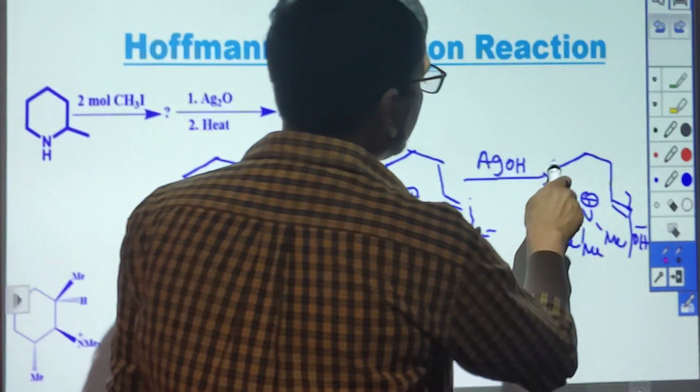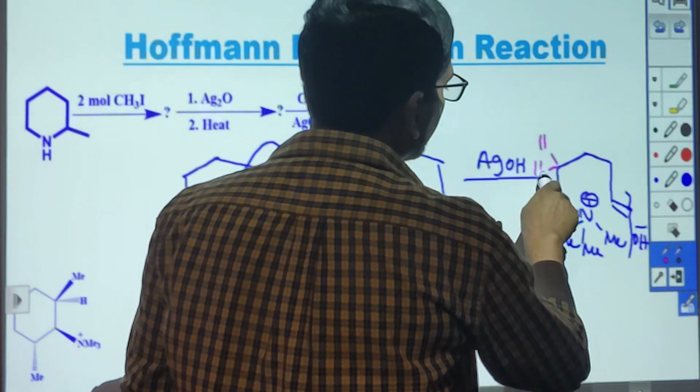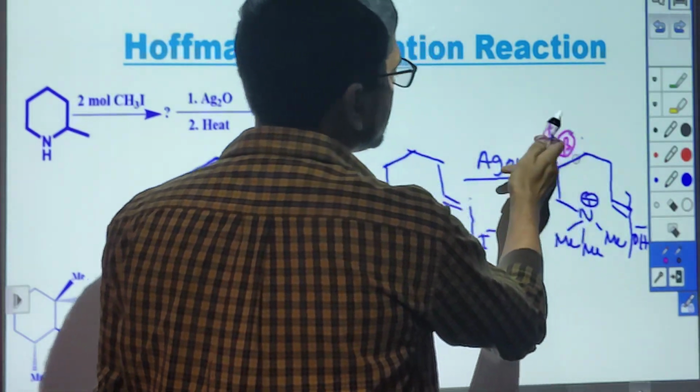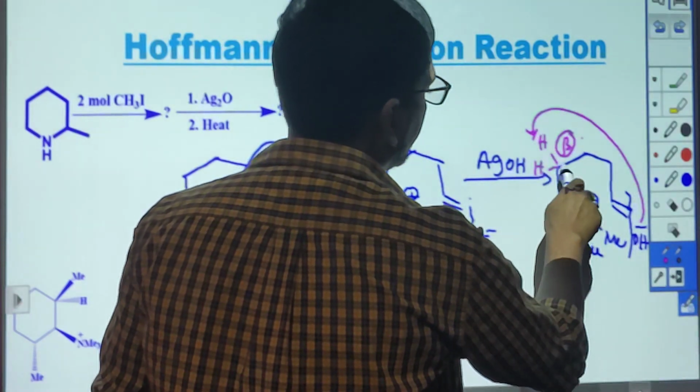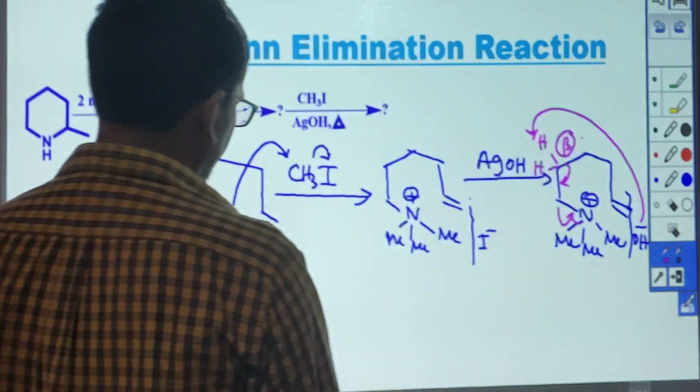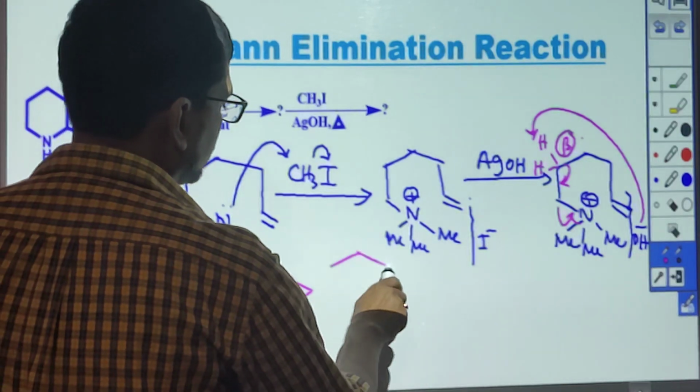Only one option is available here. This is the beta carbon and these are the beta hydrogen. So OH minus grabs the proton from this side, and what will we get? We will be getting this one.